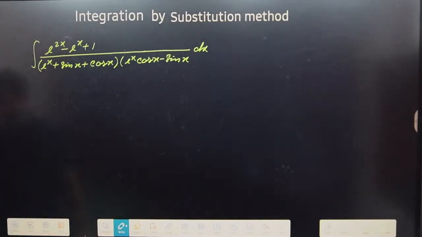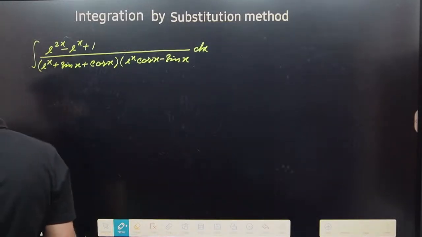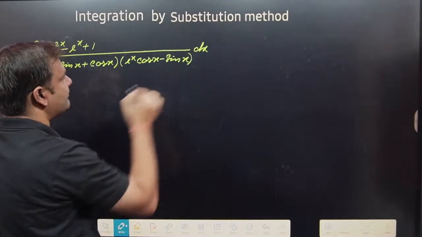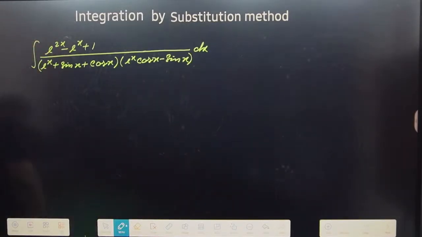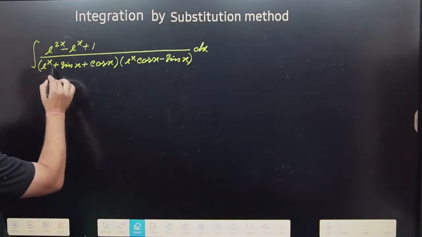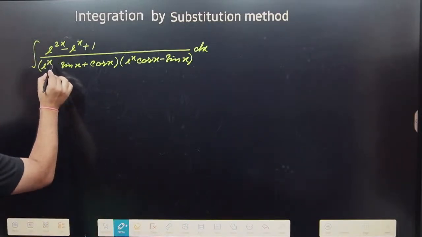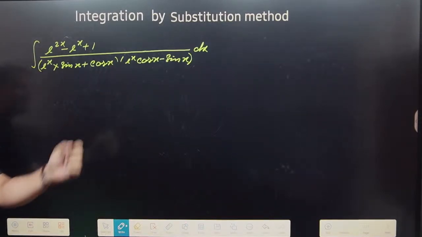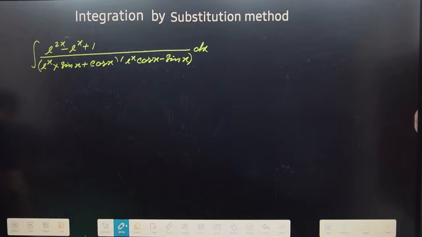Okay. How can we solve this type of problem? Look very carefully. Here simply this one, e to power x into sin x plus cos x, into e to power x into cos x minus sin x dx.